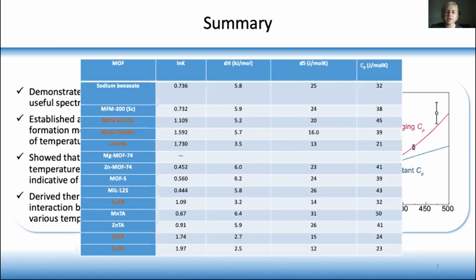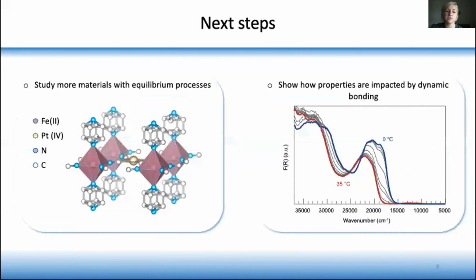But the main takeaway is that metal-ligand bonds in MOFs are dynamic, which is what gives rise to many cool properties and can help explain phenomena they didn't have a clear insight of mechanism before.